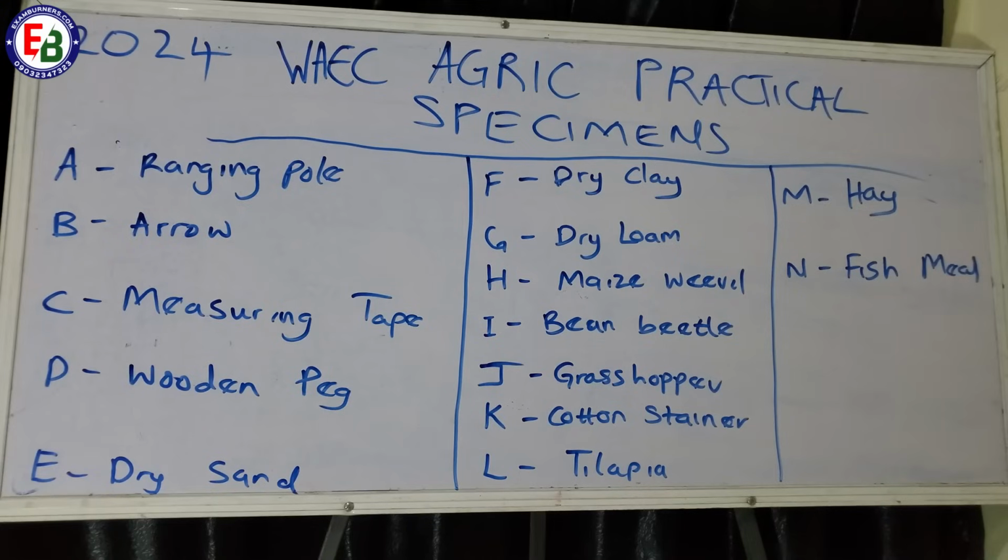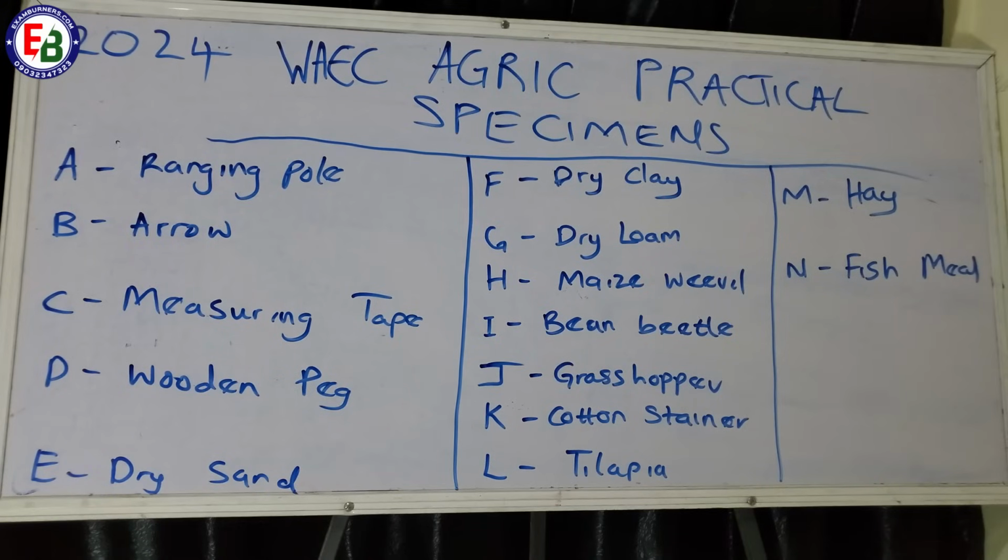Another economic importance is reduced market value and loss of income. If the maize grains and bean seeds have holes, when you get to the market, you will not like to pay a huge price for something that has holes. So it will reduce the market value and also reduce the income of the farmer.